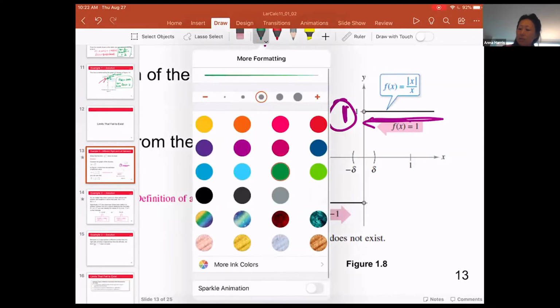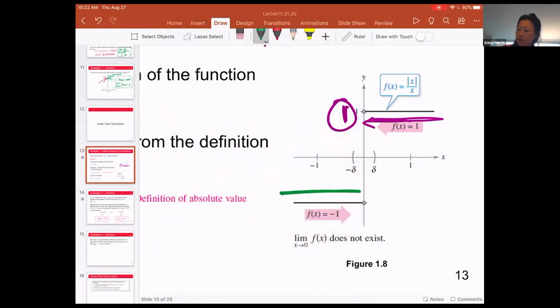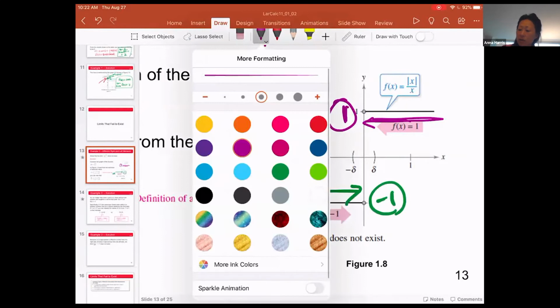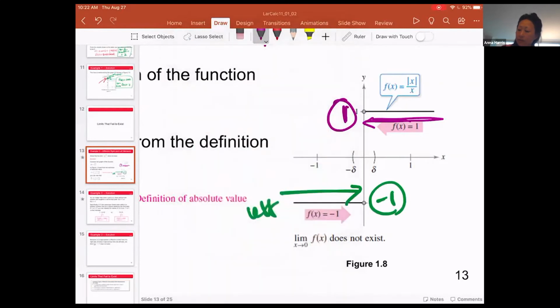Where does it approach to? It approaches -1. And the right-hand side is 1. Look at these two numbers. Are they the same number? No, they're not the same number.